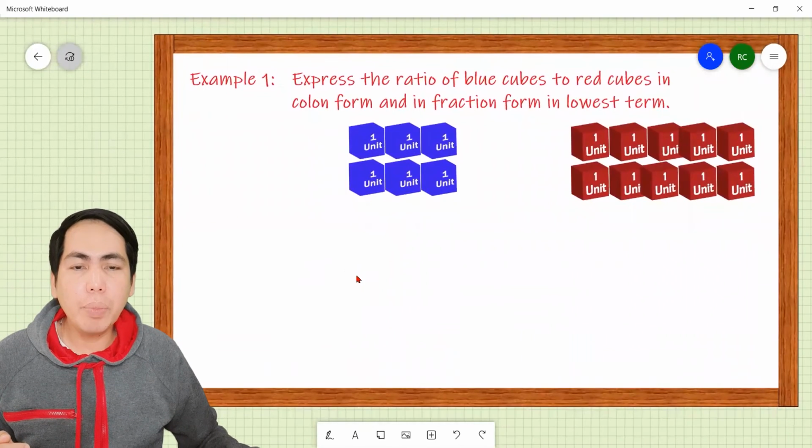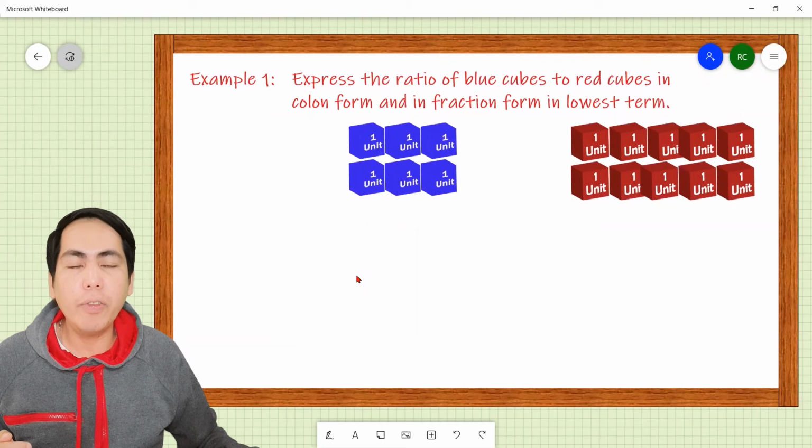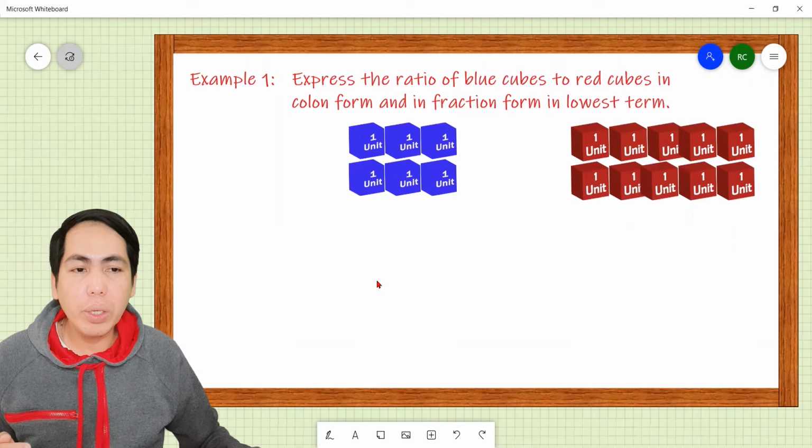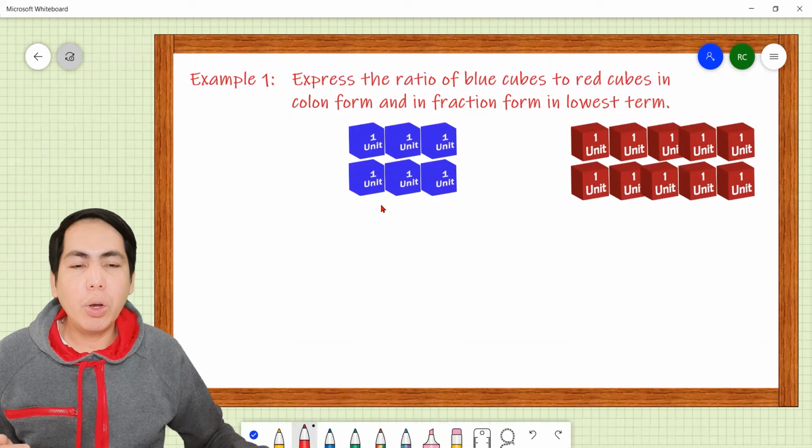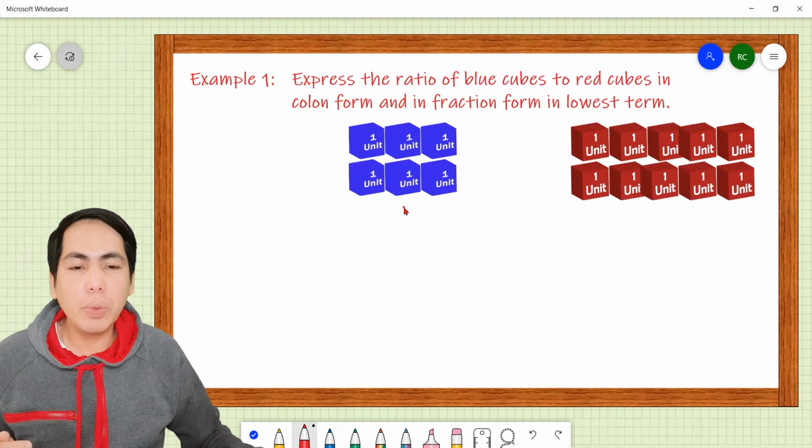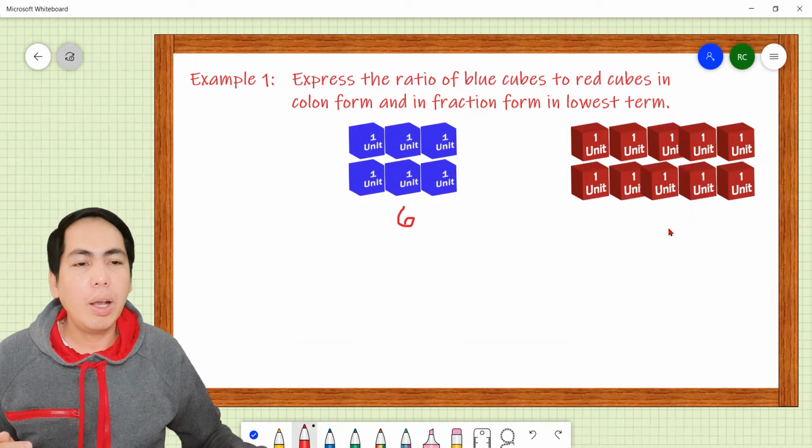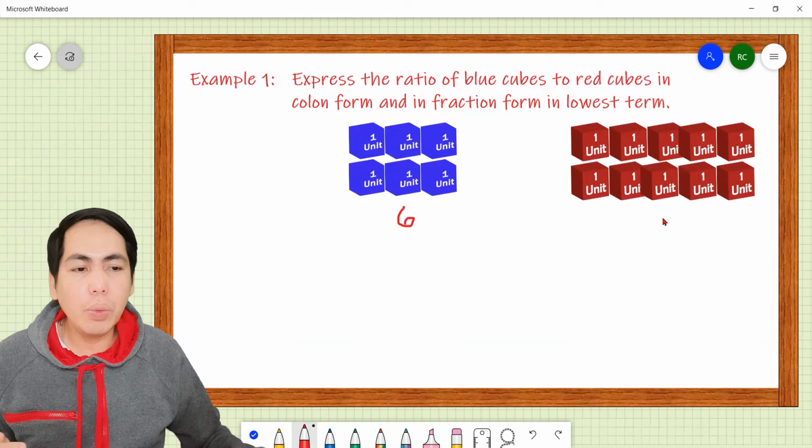We have here example number 1. Express the ratio of blue cubes to red cubes in column form and in fraction form in lowest term. So first thing that we are going to do is to count how many cubes of each color we have. So for blue cubes, we have 6 units, while for red cubes, we have 10 units.